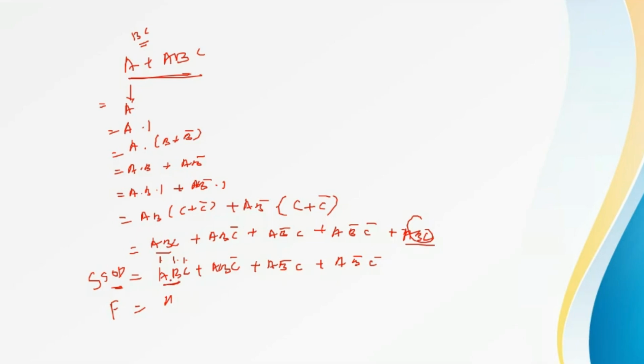It is a sum of products, right? So it will be M7 plus, again here it is 1, 1, 0. It will become M6 plus 1, 0, 1, which is M5. Next is 1, 0, 0, which is M4.